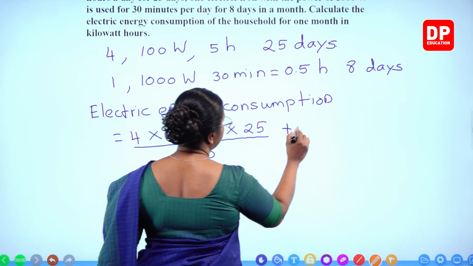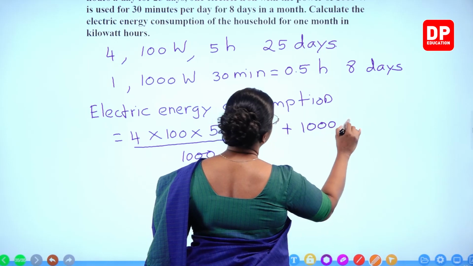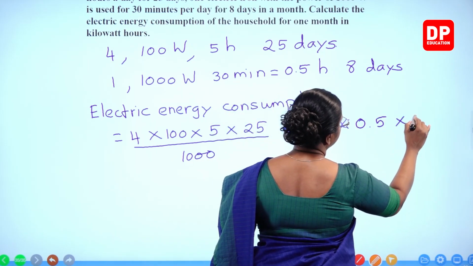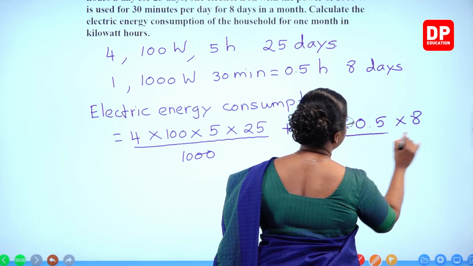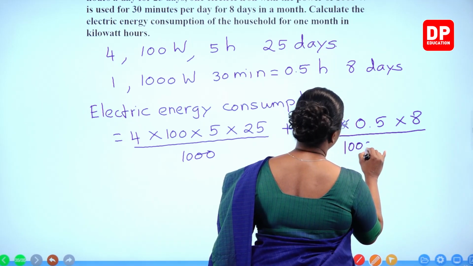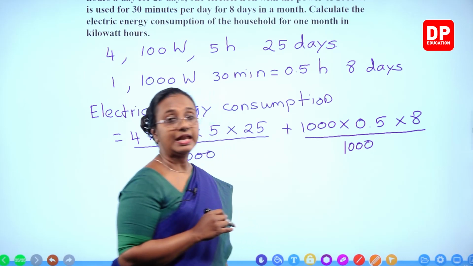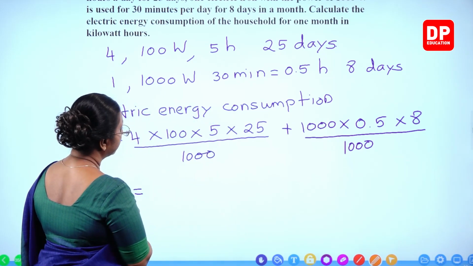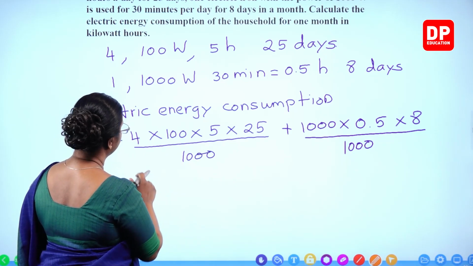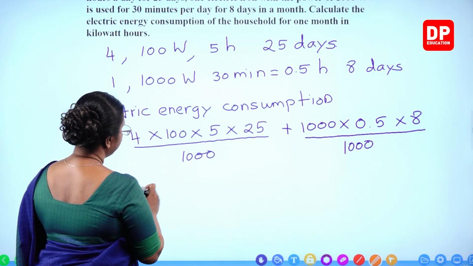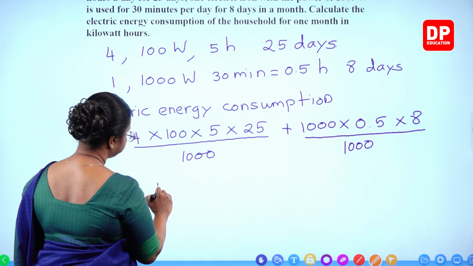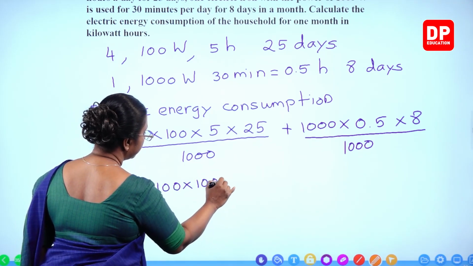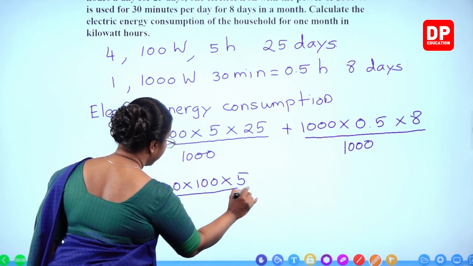Plus we have an iron, 1000 watts into 0.5 hours into 8 days, again divided by 1000. So you will get the answer in kilowatt hours. So that is equal to, if we simplify, 4 into 25, 100 into 100 into 5 divided by 1000.